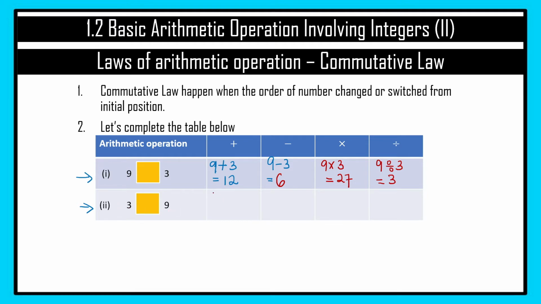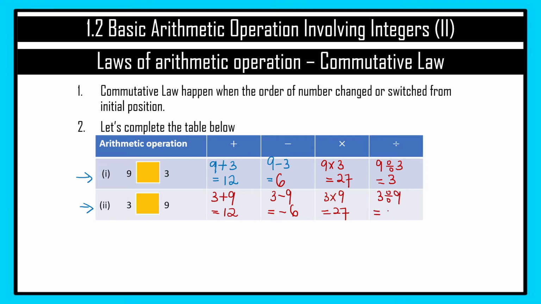The first operation is 3 plus 9, which is 12. And then 3 minus 9, which is negative 6. And then 3 multiply 9, 27.